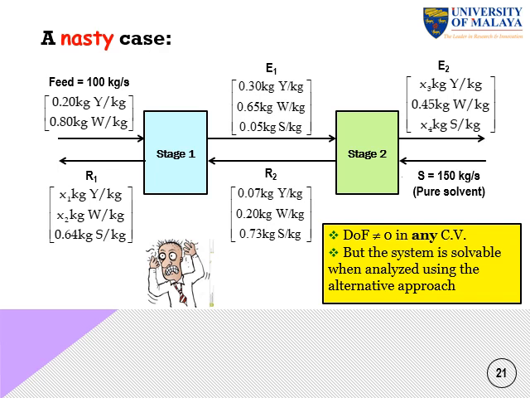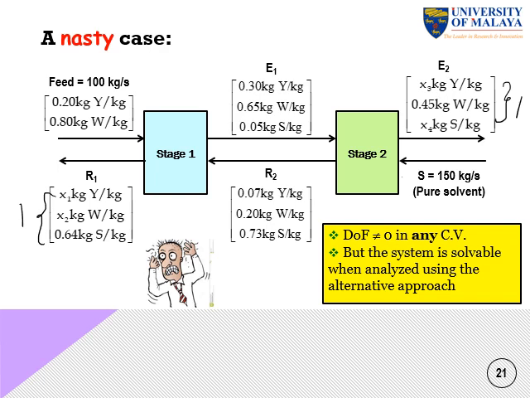You still see that we have 8 unknown variables and 8 independent equations. We have the sum of mass fractions equals 1 here, and the sum of mass fractions equals 1 here, so that gives us 2 independent equations.